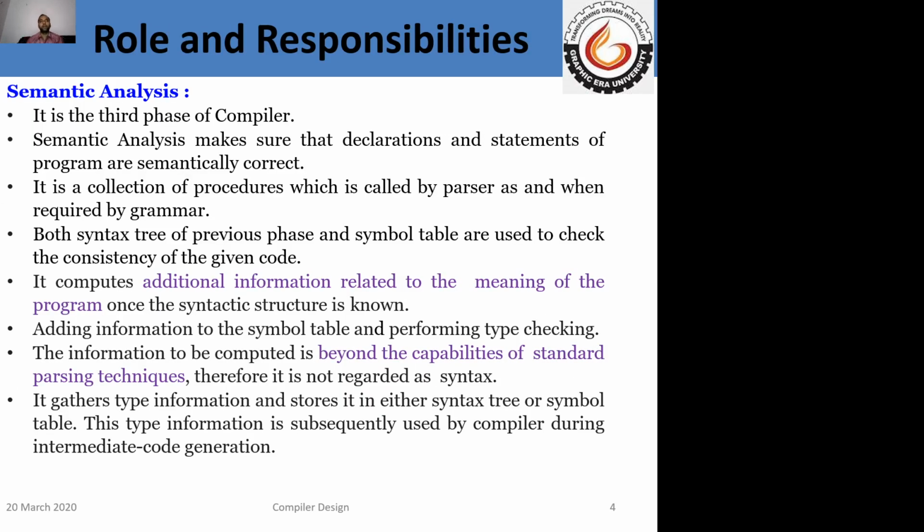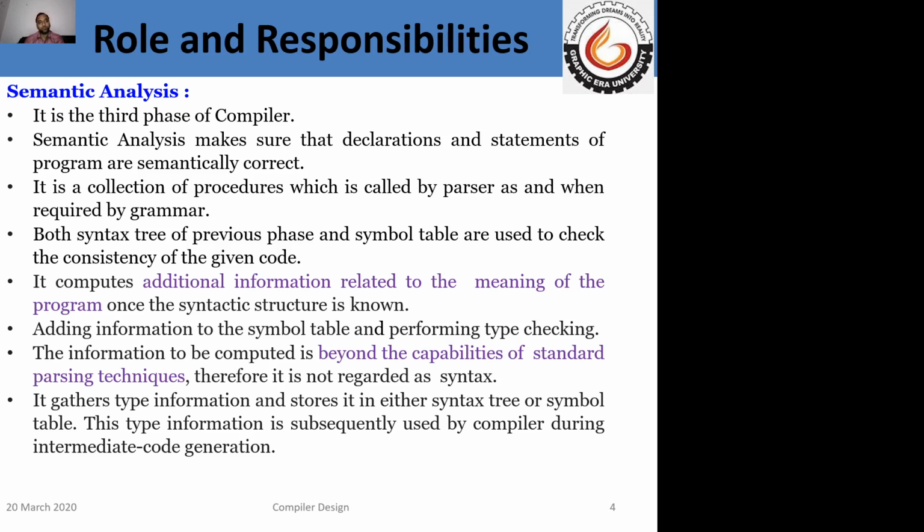Now semantic analysis. Here we'll see once again the roles and responsibilities of semantic analysis. As we know, it is the third phase of compiler design and the last phase of the front end of the compiler, right?